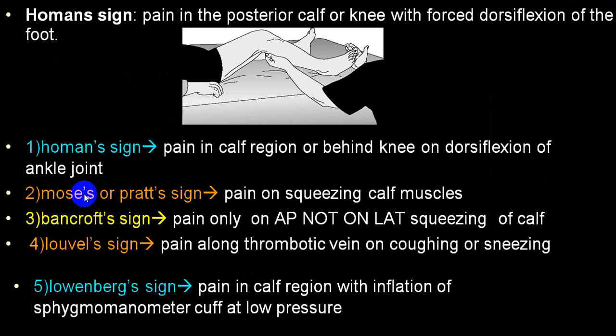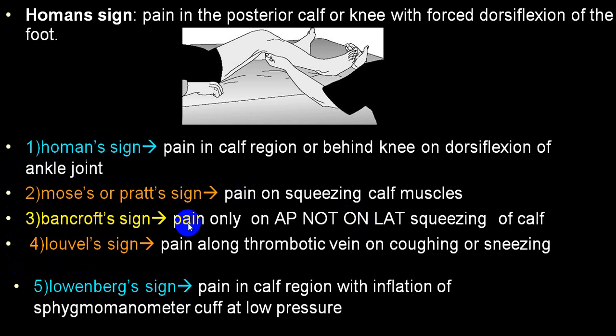Homan sign will be positive, Moses sign, also called Pratt sign. Then there is Bancroft sign, Lowell sign, Lowenberg sign. Forget about all this. Remember Homan sign and Moses sign. These two are common. One is on movement, that is dorsiflexion of the ankle joint, and the other is just palpation, squeezing. But while squeezing, see that you don't end up with pulmonary embolism.